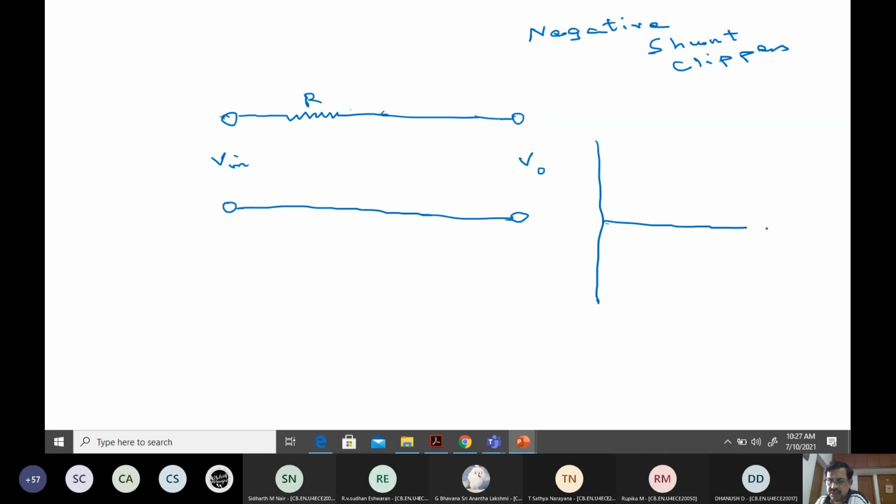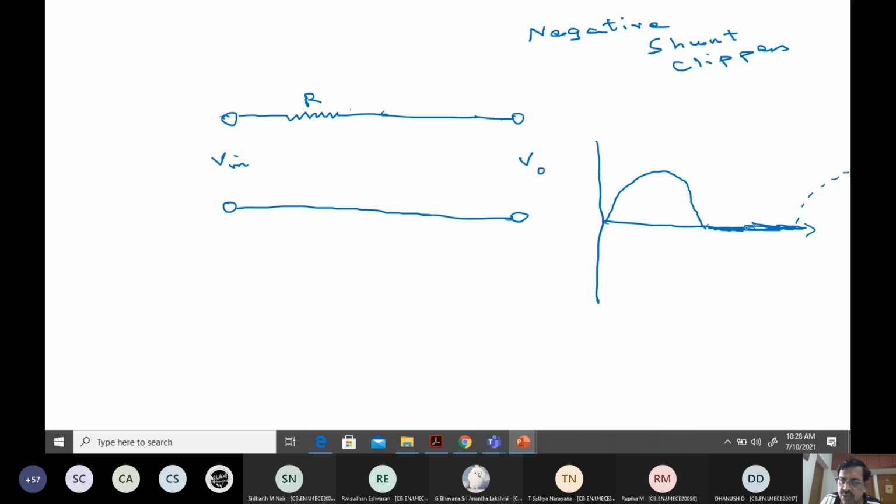My output has to be only in the positive half, which means I should get output only to here. And again, after another cycle, I must get it like this. I can draw only up to that. Try to understand, it's a full cycle. So here there is no output, in the negative half.